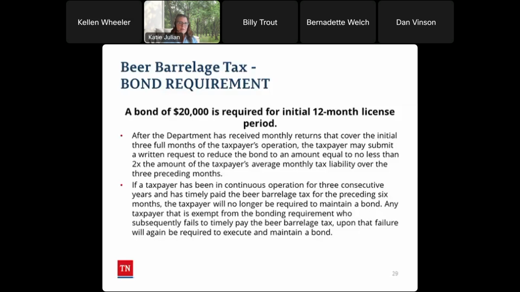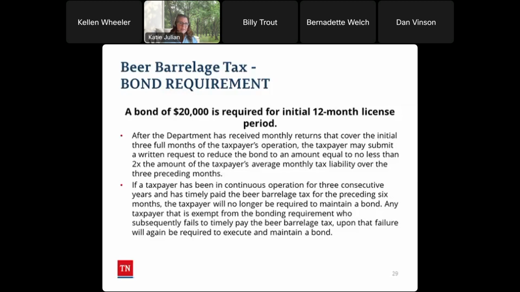The bond requirement for the beer barrelage tax: a bond of $20,000 is required for the initial 12-month license period. After we have received monthly returns that cover the initial 3 full months of your operation, the taxpayer can submit a written request to reduce the bond amount to equal no less than 2 times the amount of the average monthly tax liability over the 3 preceding months.